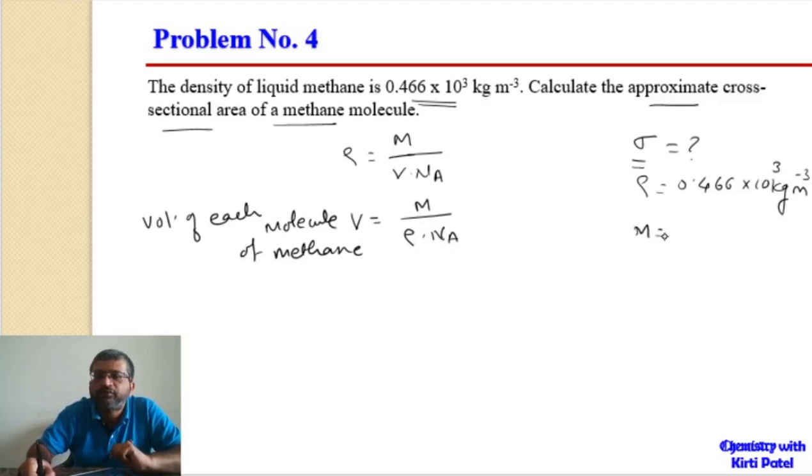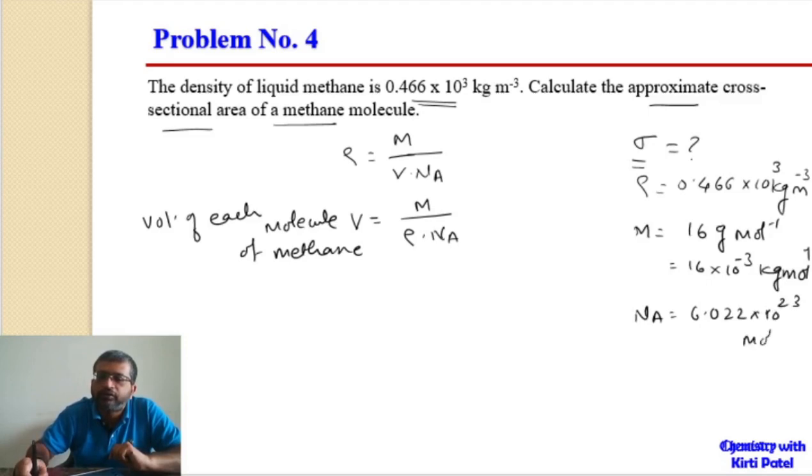The molecular mass of methane is 12 plus 4, 16 grams per mole, so that is 16 into 10 raised to minus 3 kilogram per mole, because here we are taking density in kilograms, so molecular mass must also be taken in kilograms. Then rho is given to us, and Na is 6.022 into 10 raised to 23 molecules.